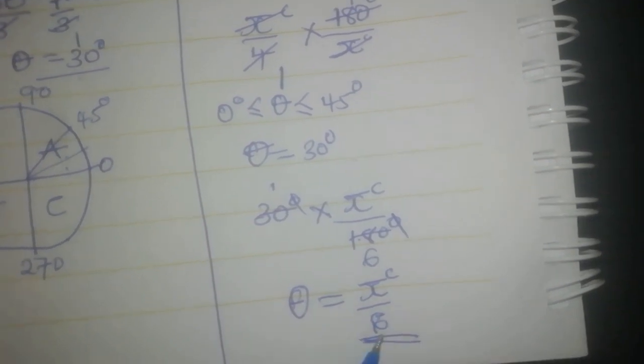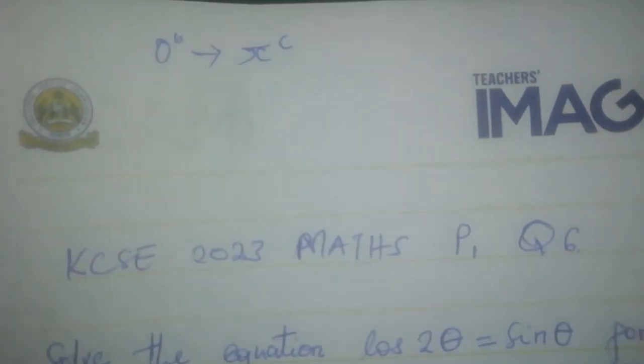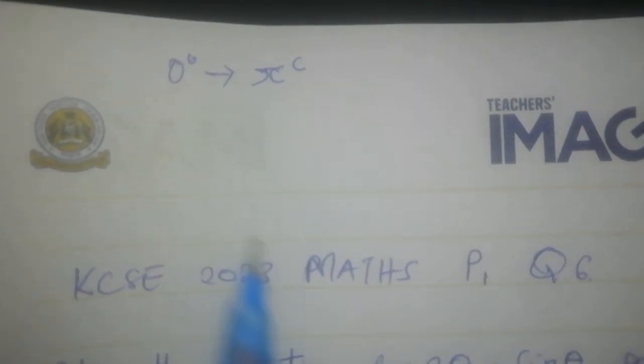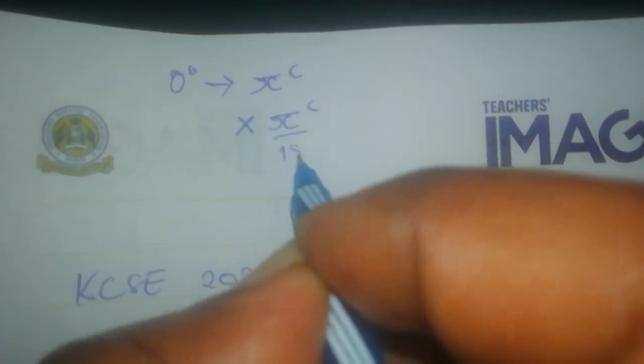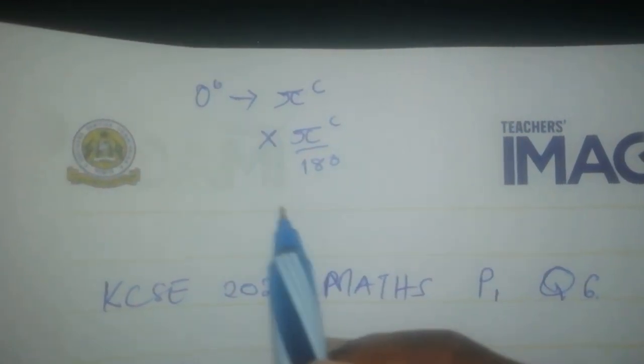So what you should note, student, is something very simple here. When you are converting from degrees to π radians, you just multiply by π radians over 180 degrees.